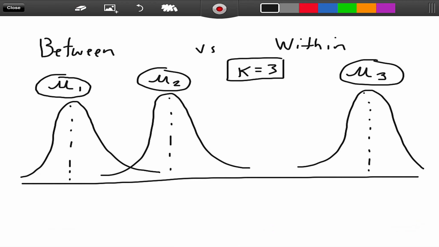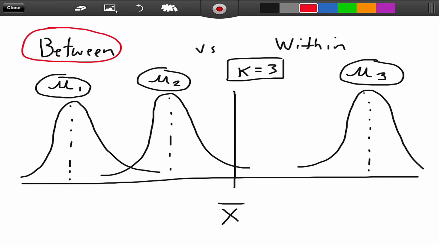Now, if you can imagine the location of the grand mean, which would be x bar. When we talk about the variation between, we're looking at the variation basically from the centers of the distribution.